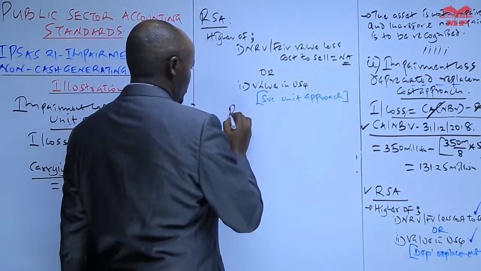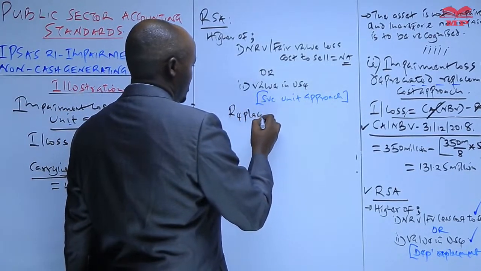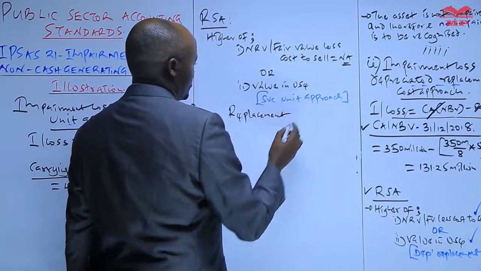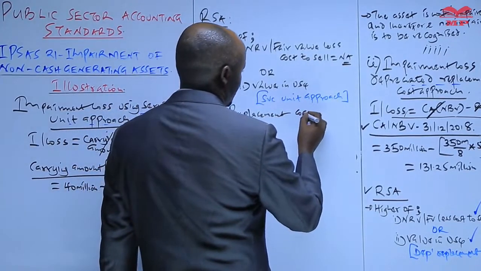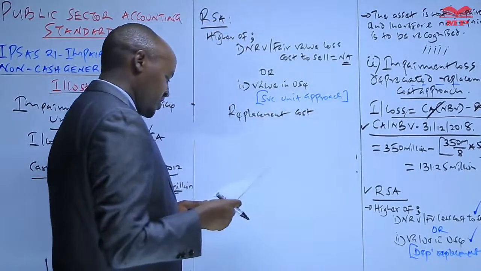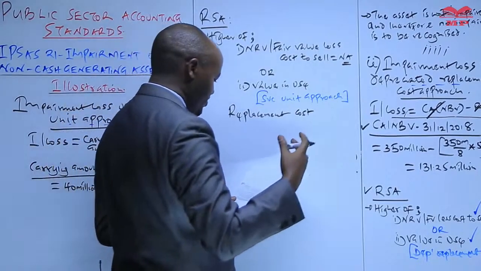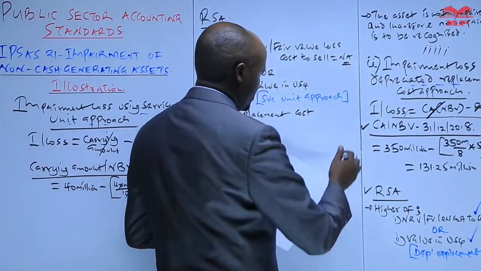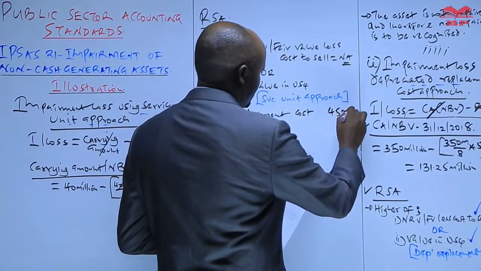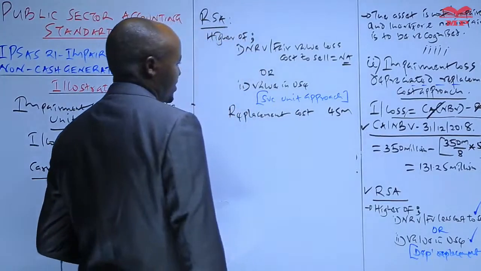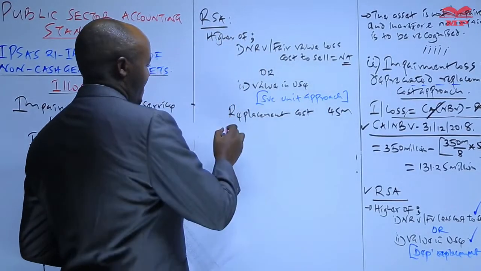The first thing we need to do is to compute the depreciated replacement cost. So we take the replacement cost, which is also given in the last sentence of that question, the cost of a new printing machine. If the government wants to acquire a new printing machine currently, such a machine will be bought at 45 million.